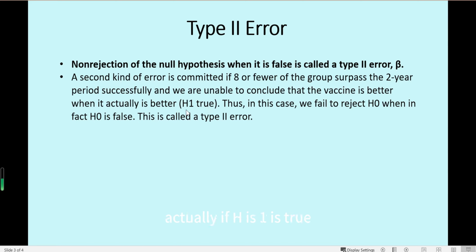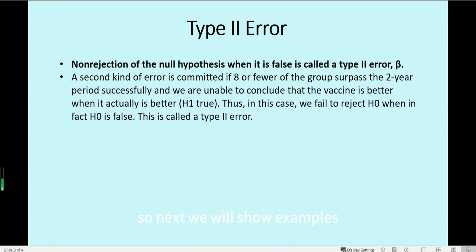If H1 is true, you can also get 8 or fewer positive in a 20 sample. So in this case, you may not reject H0, but actually H1 is true. This kind of error is non-rejection of the null hypothesis when actually it is false. So this is type 2 error.